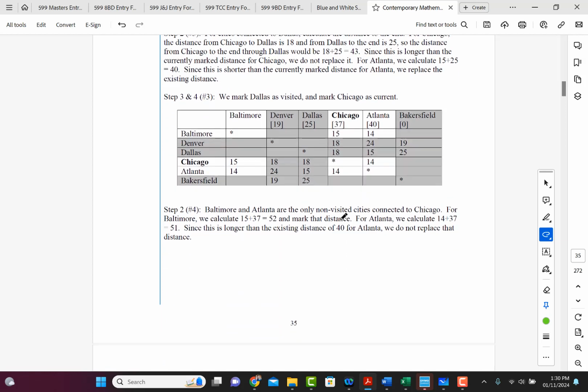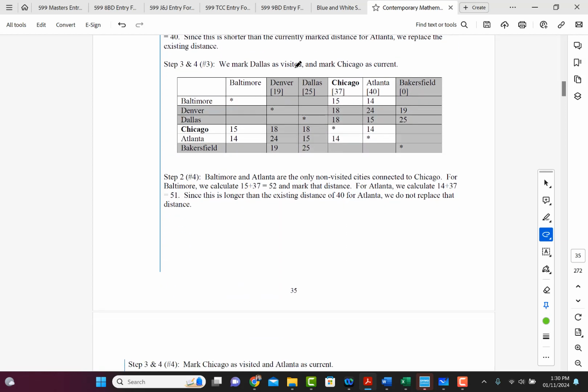And so now our table looks like this. Now we mark Dallas as visited and gray out those. Notice how Atlanta now has 40 instead of 43. Now we choose the shorter distance between Chicago and Atlanta, and so we use 37.